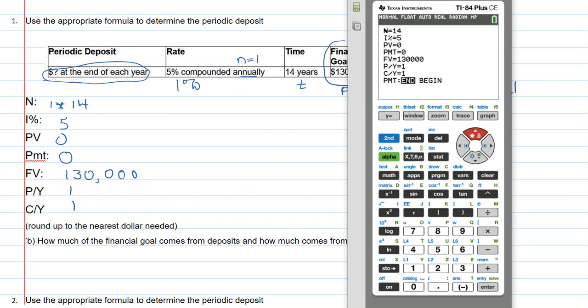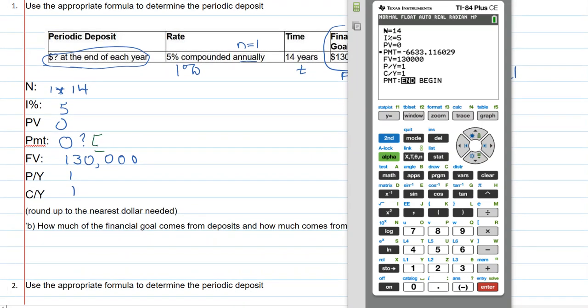This is how powerful this machine is. So it says, because we did this, and we did an alpha enter here, to find the payments a year.